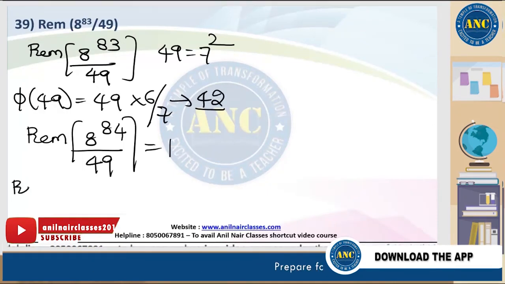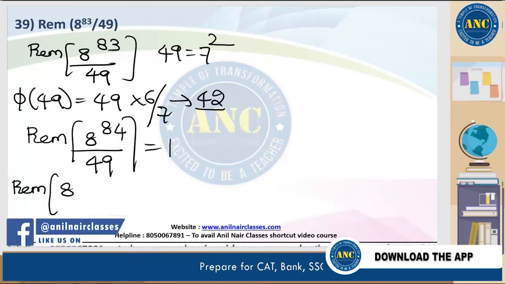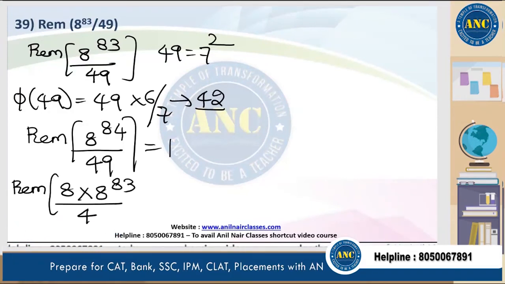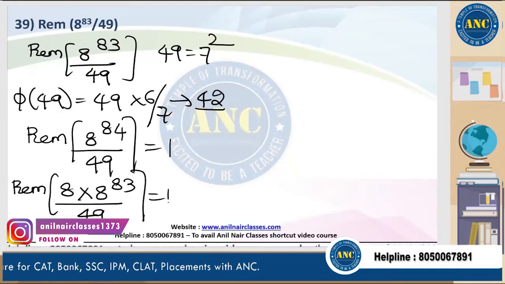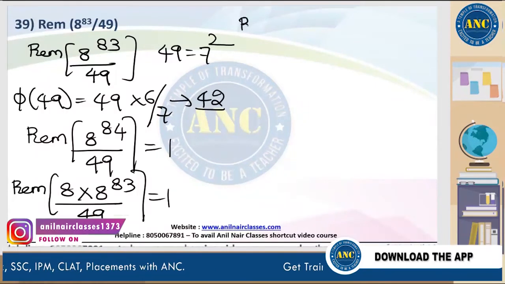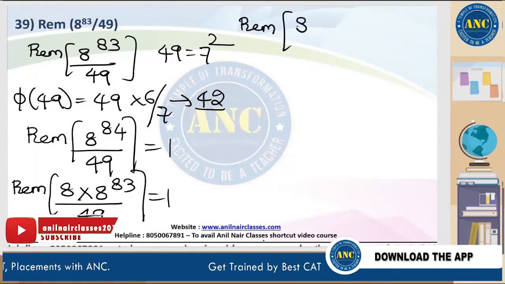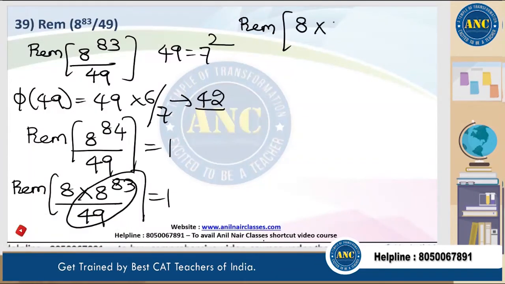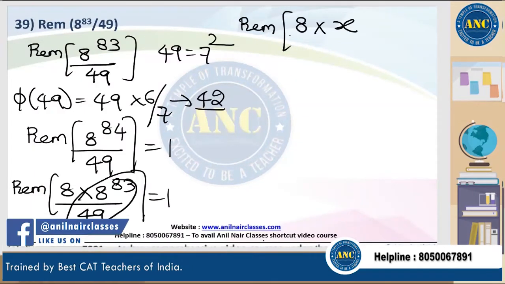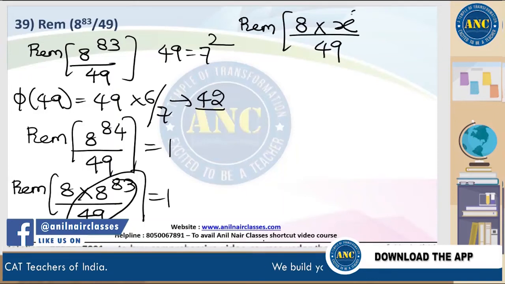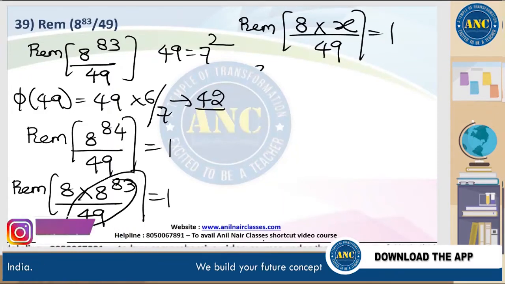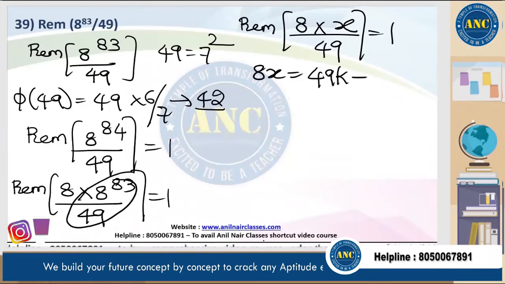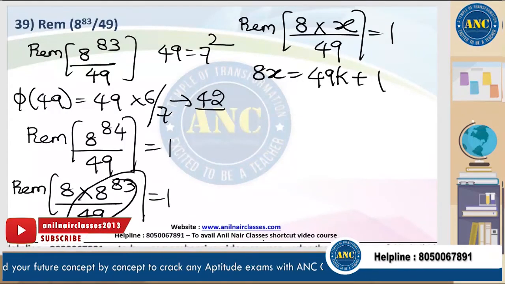But I want 83. So this is nothing but 8 into 8 power 83 divided by 49 is 1, 8 divided by 49 is 8. 8 power 83 divided by 49, remainder we don't know, x. When I further divide, remainder does not change. So 8x is nothing but 49k plus 1.